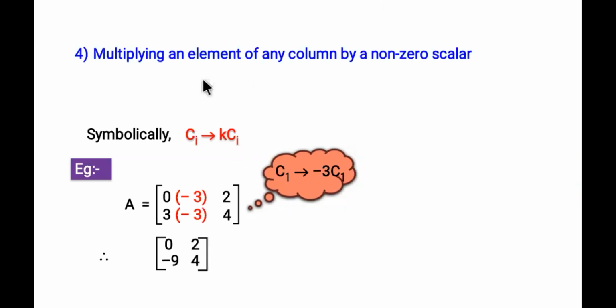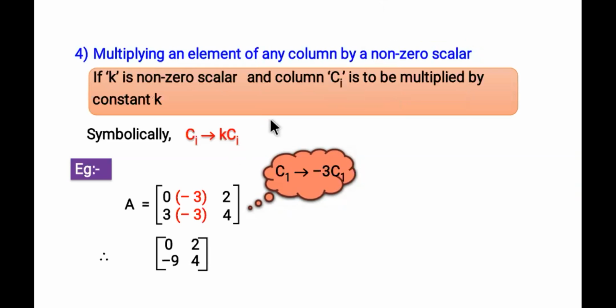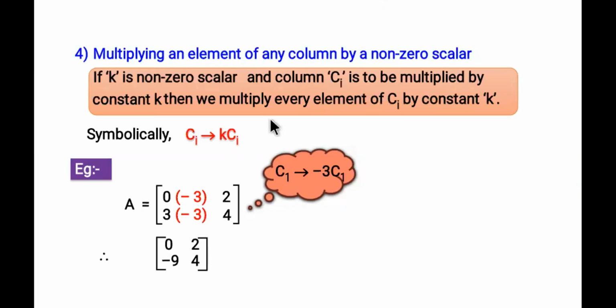This operation says multiplying the elements of any column by a non-zero scalar, that is your k. If k is a non-zero scalar and Ci is to be multiplied by constant k, that means we multiply every element of Ci by constant k.